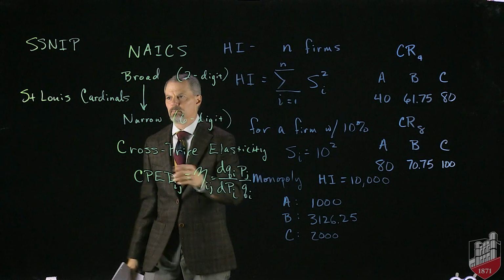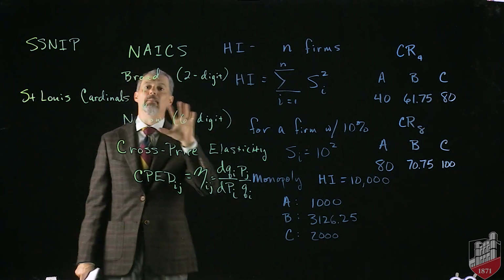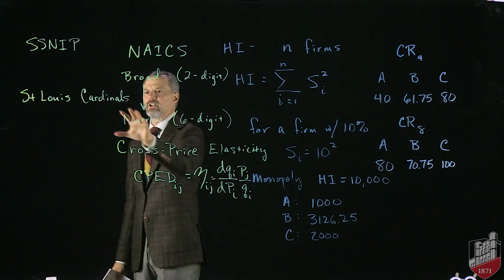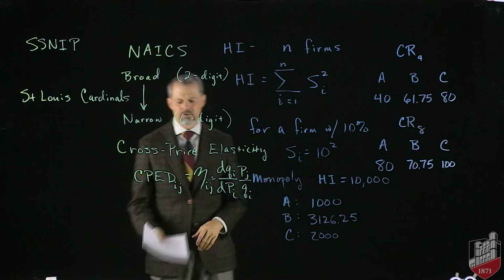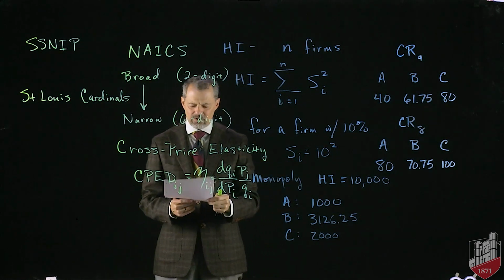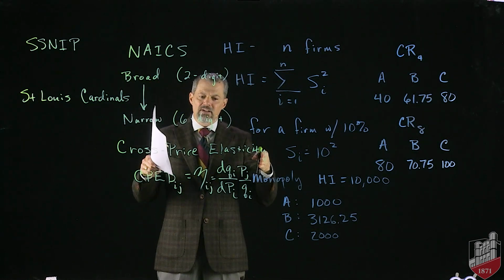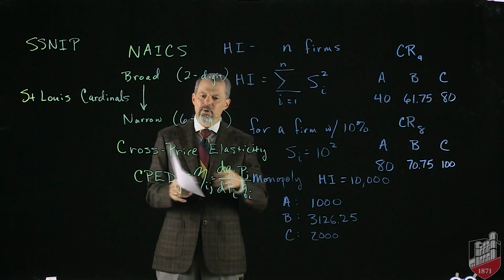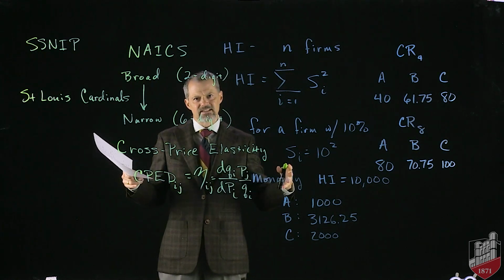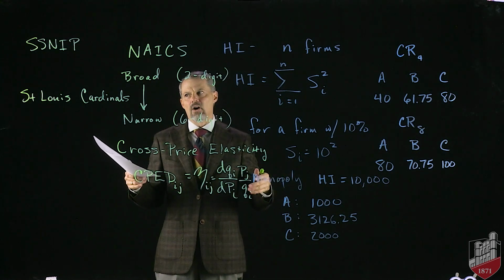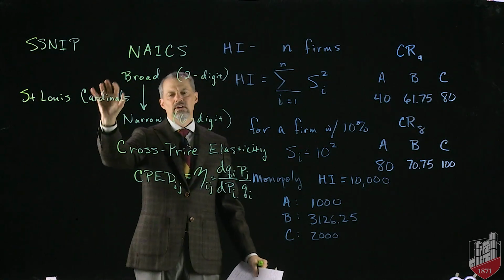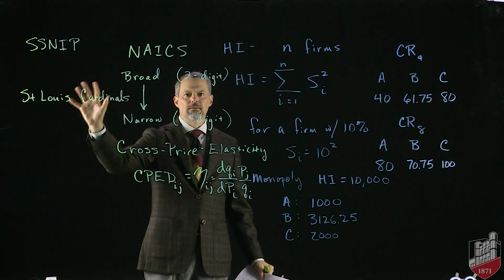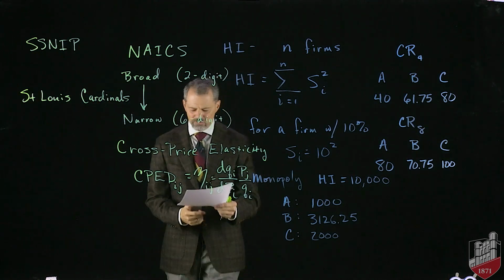Do people say, we're going to go to a Major League Baseball game and we're going to choose between the Cardinals and the Royals? We could think about not just baseball, but professional sports in the state of Missouri. So are the Kansas City Chiefs a substitute for a St. Louis Cardinals game?